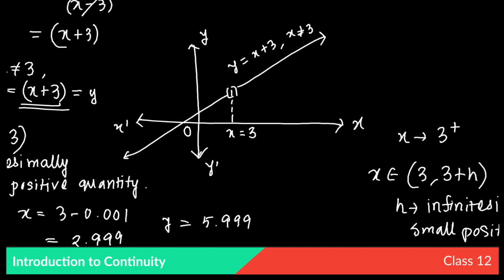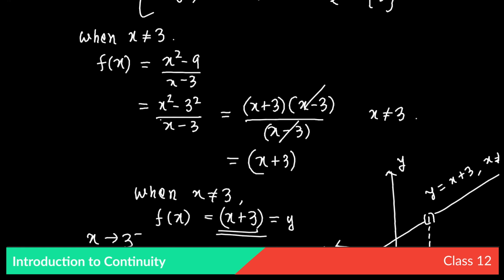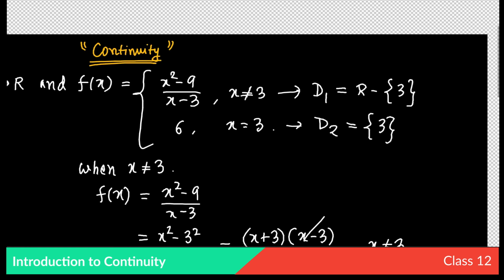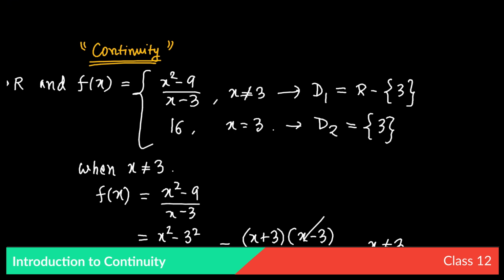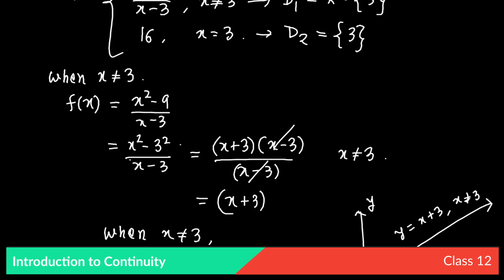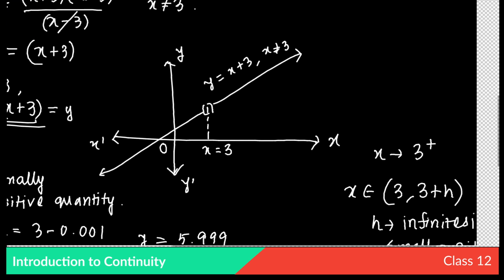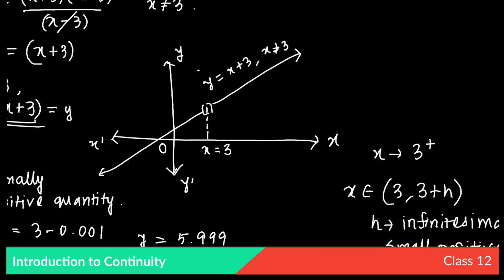But there is a problem here. Suppose in place of 6, the function had 16 when x equals 3. Then I cannot continue with this line; I have to lift my pen to the point (3, 16). So when plotting this graph I am lifting my pen to the point (3, 16), and when it is lifted, the function is getting broken.